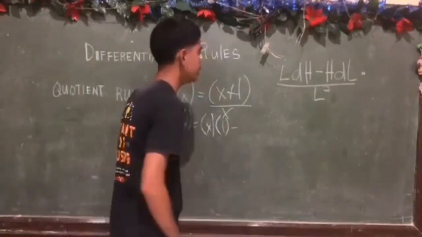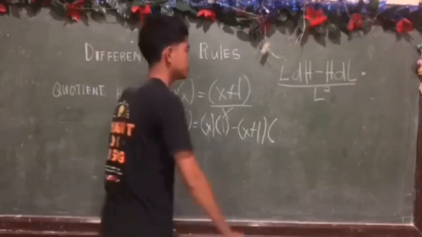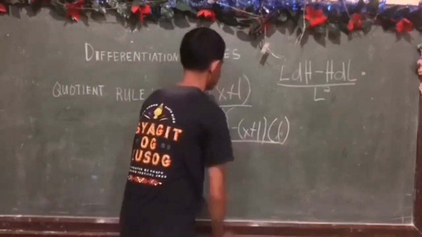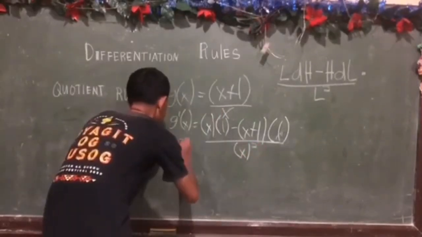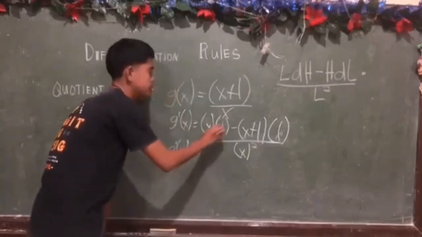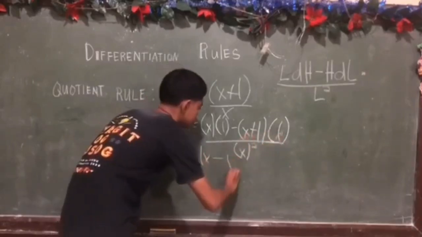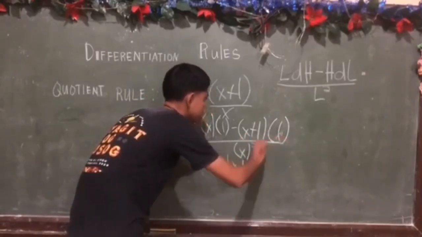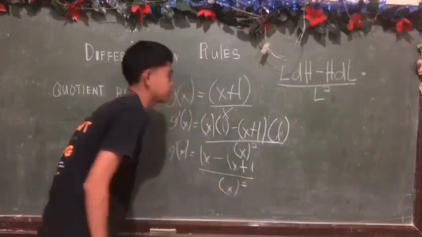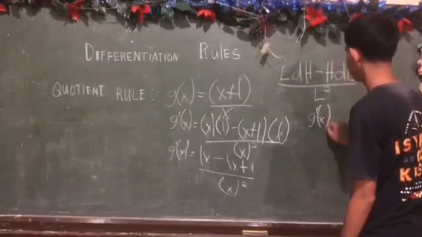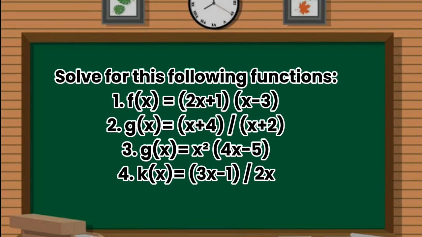So minus high, which is x plus 1, times the derivative of low, which is 1, over the low squared, which is x squared. g prime of x is equal to 1 times x equals 1x minus 1 times x plus 1 times 1 equals 1 over x squared. g prime of x is equal to, cancel the 1x. Now solve for the following functions.